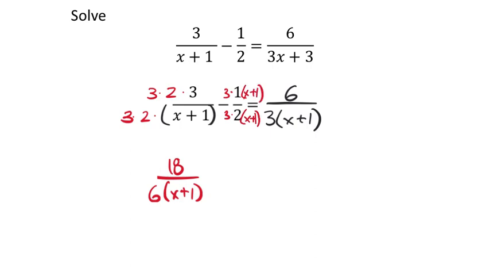So now my numerator, it's 3 times 1, that's 3. I'm going to keep the x plus 1 separated for now. And then the denominator, 3 times 2 is 6, and that's multiplied by x plus 1. Okay, so right here, just from what we've done, and yes, there's subtraction between these, but we have common denominators right here. We just need this last one to be common. So I'm going to multiply that 3 by 2, so the 6 by 2 as well.